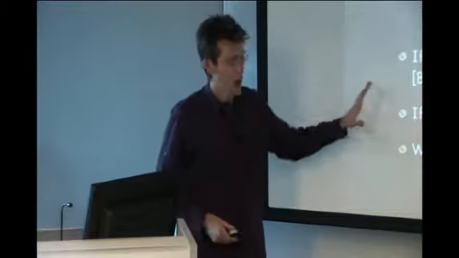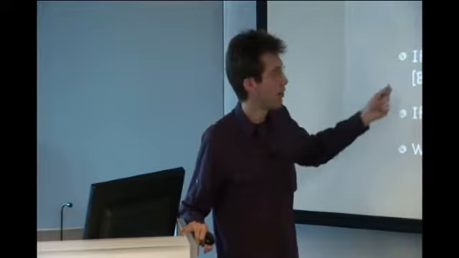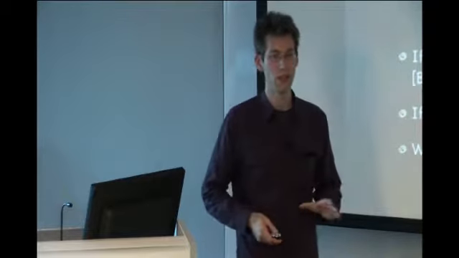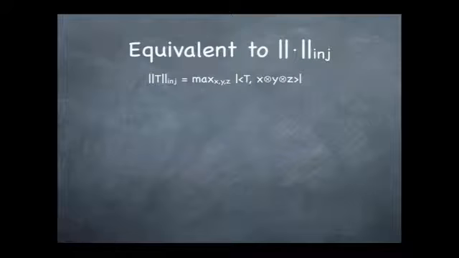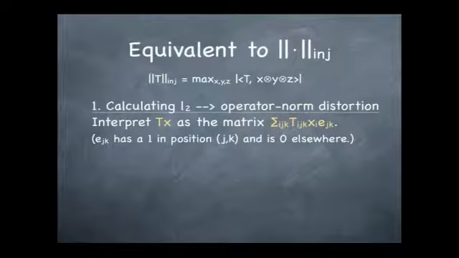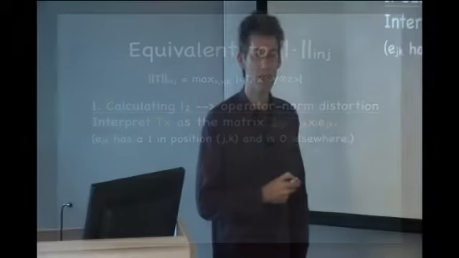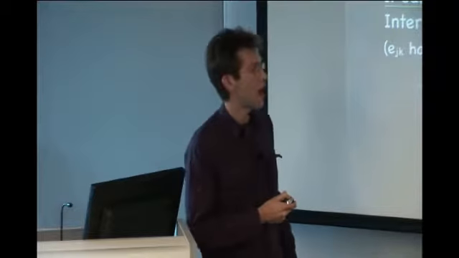OK, so to understand what's going on with these norms, I think it's more instructive, instead of talking about what can be reduced to what, to look at what it's equivalent to, because then we can put this in context better. There's a number of things. One thing I talked about briefly on Monday is the problem of a map from a vector space to a space of matrices, where you want to know the L2 to operator norm distortion.